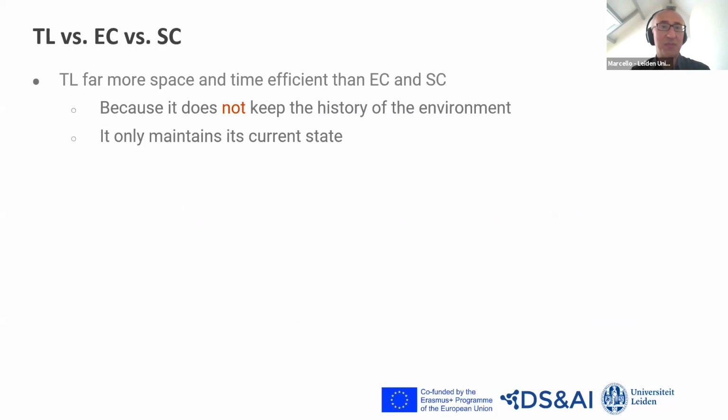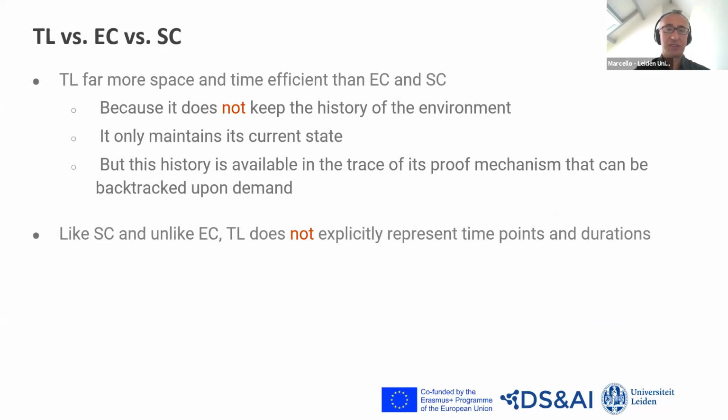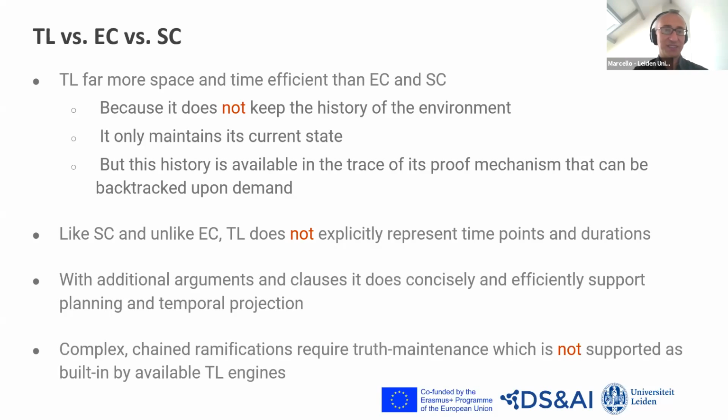And here is the difference between the three things: transaction logic, event calculus, situation calculus. Transaction logic is more efficient, and the difference between the three we can see here.